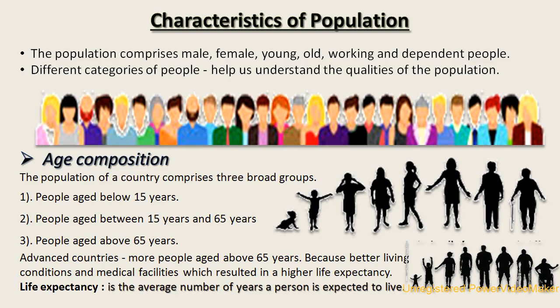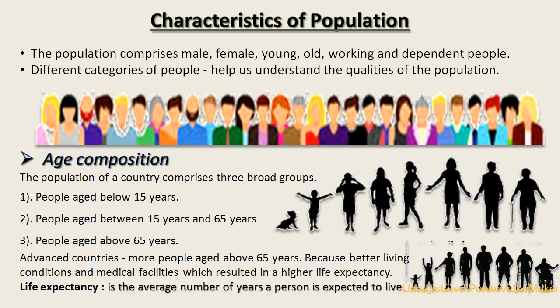We can see that people aged below 15 years are not working. There might be students, but they are not working. People between 15 and 65 years are working, so they can use their energy to produce something.